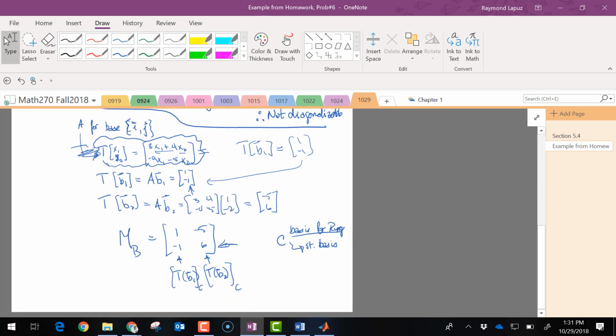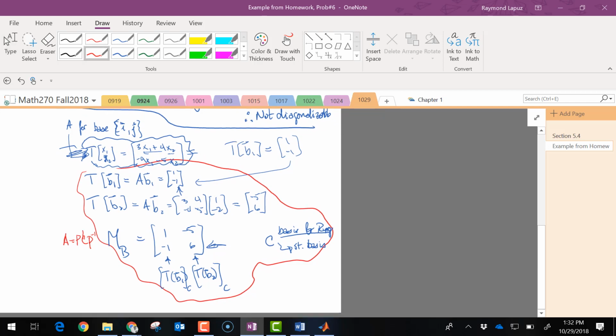So I think the idea here is that it turns out A is actually equal to P times C, and C is the matrix that we're looking for.